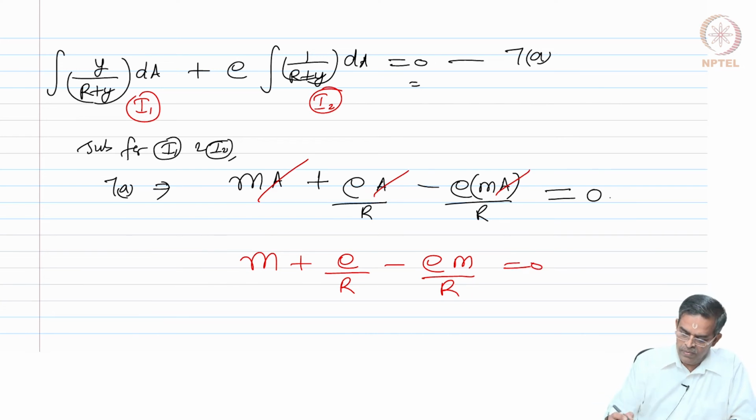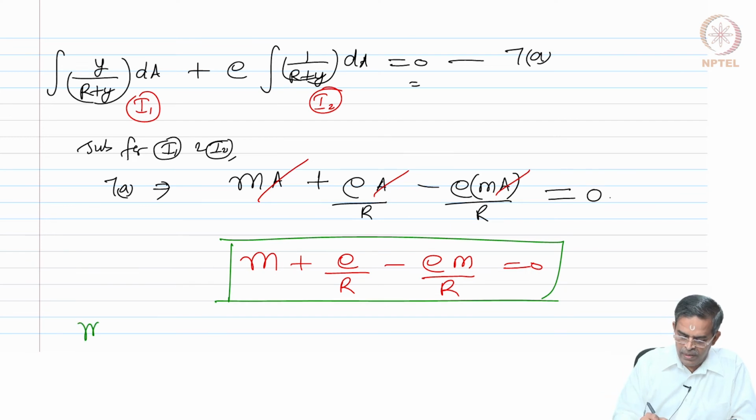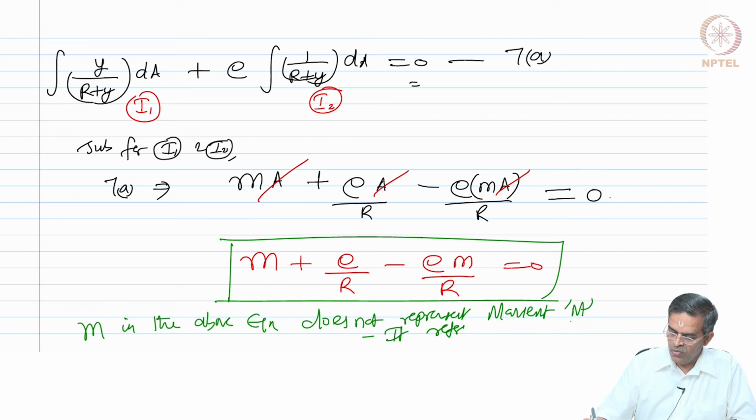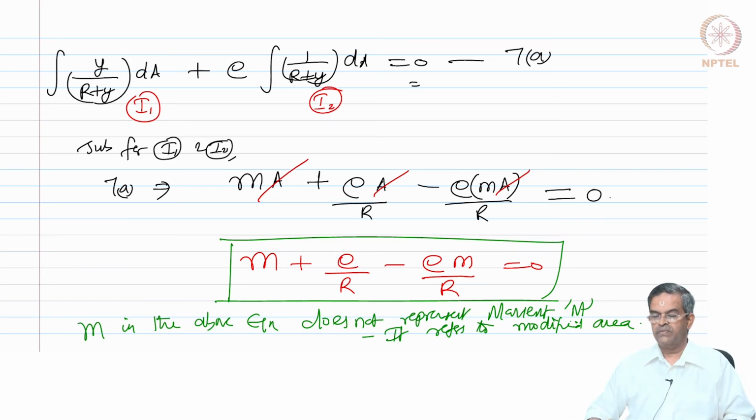Friends, please note, M in the above equation does not represent the moment. Please understand, it is a common confusion. It does not represent the moment. It refers to the modified area. Very, very important.